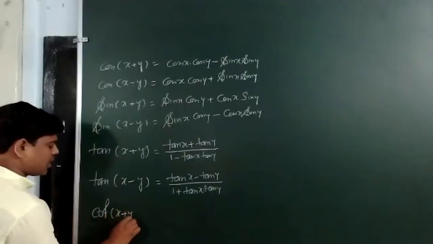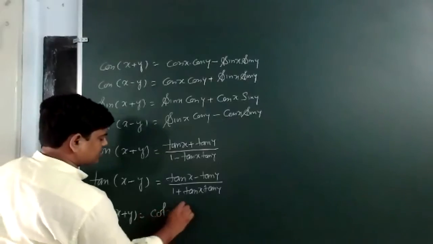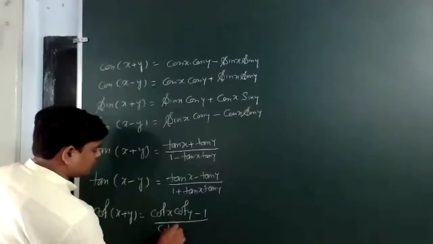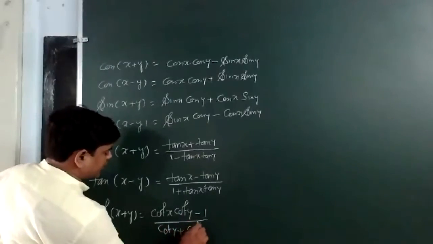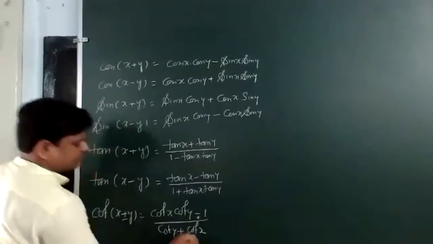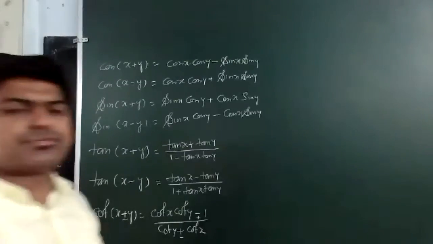Cot x plus y can be written as cot x cot y minus 1 whole upon cot y plus cot x. And if it is minus, it will be plus and it will be minus. Okay, these are the few formulas we have to learn.